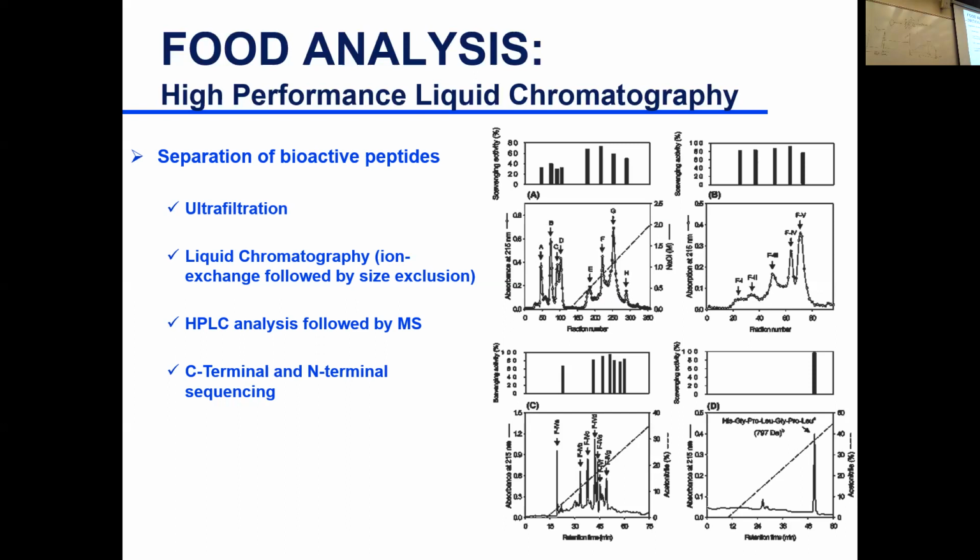Then I take fractions and get the one that has the highest activity. Then I do reverse phase chromatography to purify it more and get the fraction that has the highest activity. From there, I can do sequencing of the peptide to characterize it.